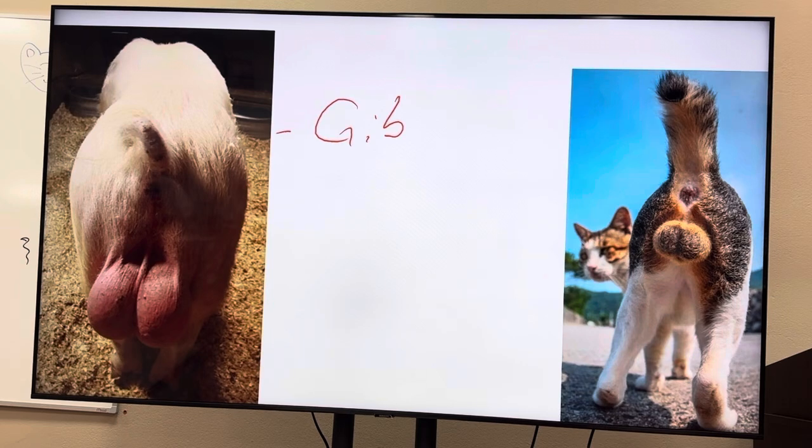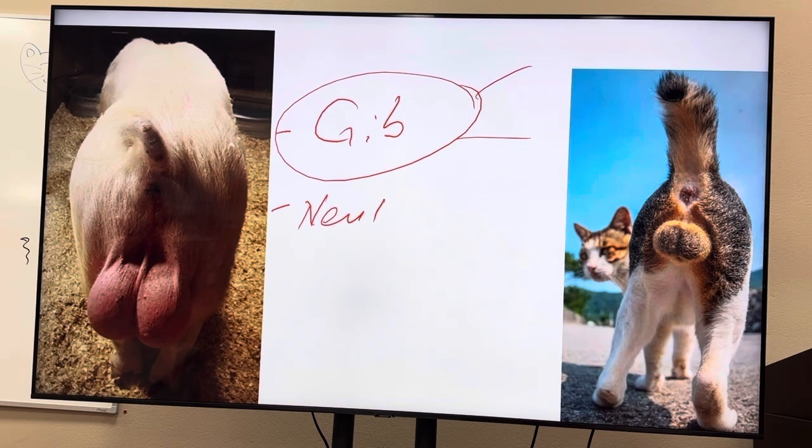A gib. No one uses that. This is more common in places like Europe and the UK, but in the United States, what you mostly hear of is neutered cat.